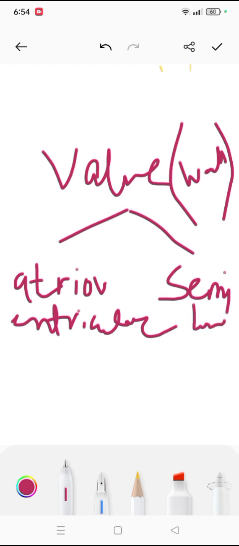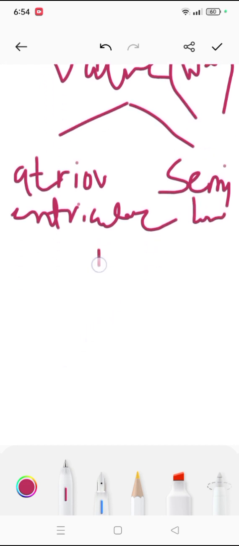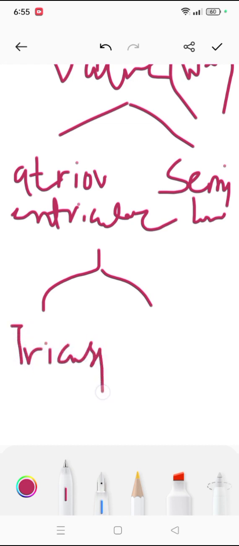Then the atrioventricular valve is divided into two parts, called tricuspid and bicuspid.